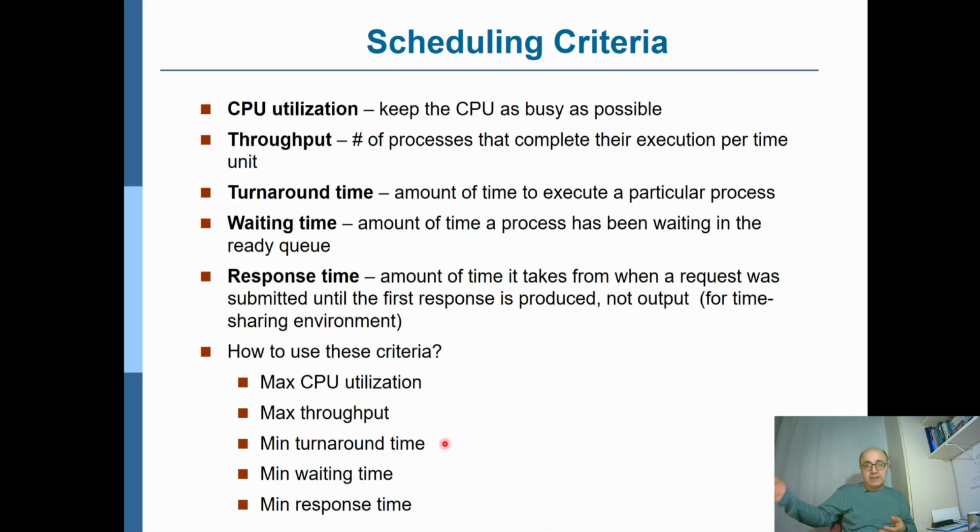And the response time would also increase because you wouldn't get the response immediately due to the reasons we mentioned. Therefore, that's yet another extreme. So there is a trade-off between the utilization and throughput versus turnaround time, waiting time, and response time. So we would like to find scheduling algorithms that balance these.